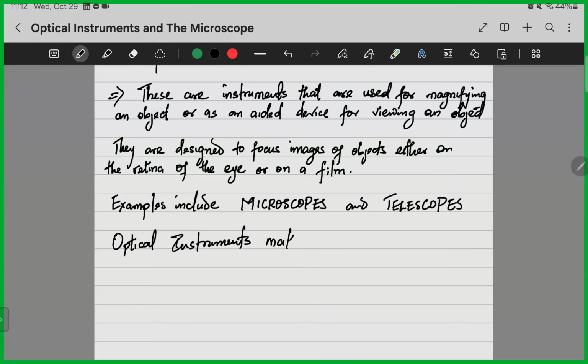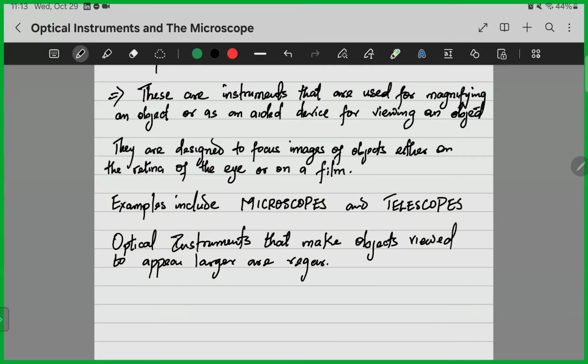Optical instruments that make objects viewed to appear larger are regarded as aiding devices. So they aid our sight.